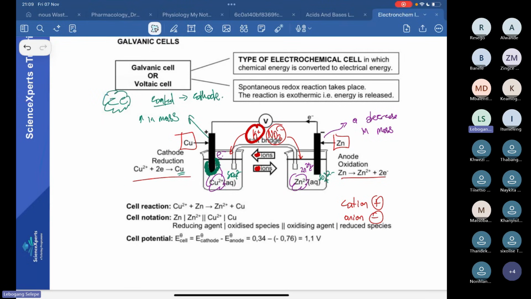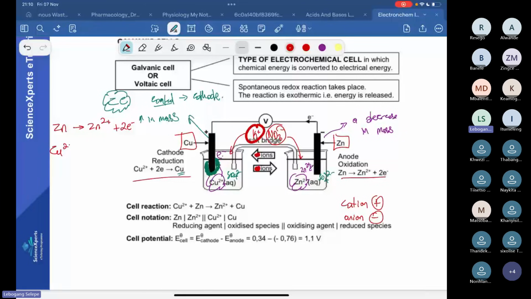The arrows indicate the equal sign, right? Let's start with the Zn. We have Zn giving us Zn2+ plus 2 electrons. Then we also have Cu2+ plus 2 electrons giving us Cu.